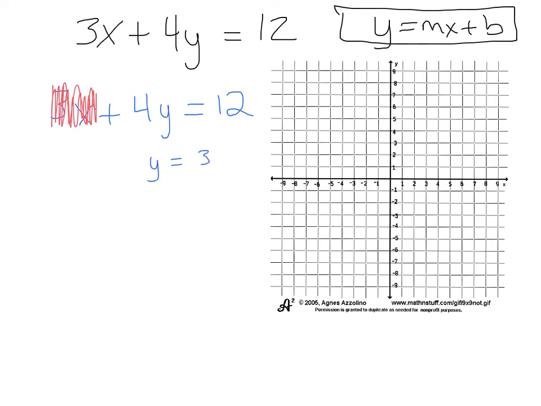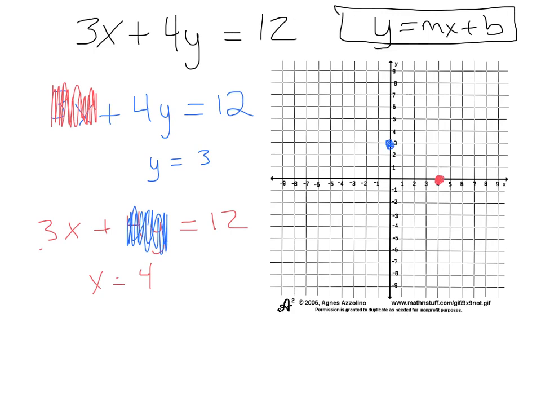Okay, let's look again at your original equation, and let's try to find the x-intercept. Well, if we're looking for an x-intercept, that means y must be 0. So let's play peekaboo. Let's cover this one up and say, hooray, I see you, 3x equals 12. x must be 4. So we're looking at an x-intercept of 4 and a y-intercept of 3.